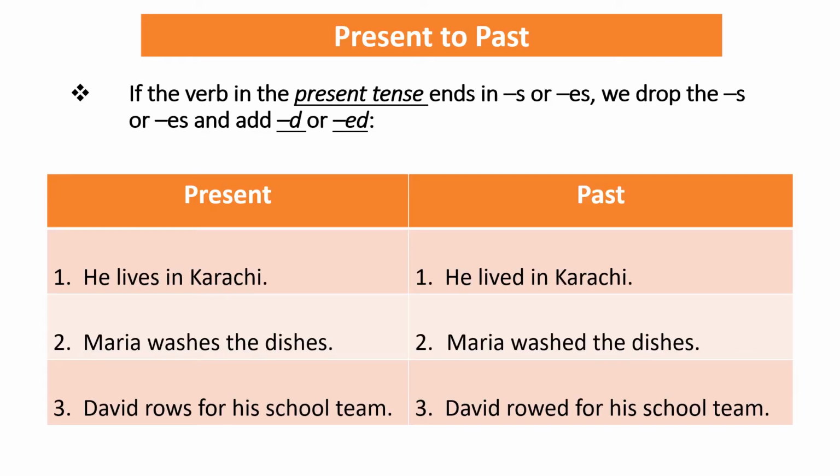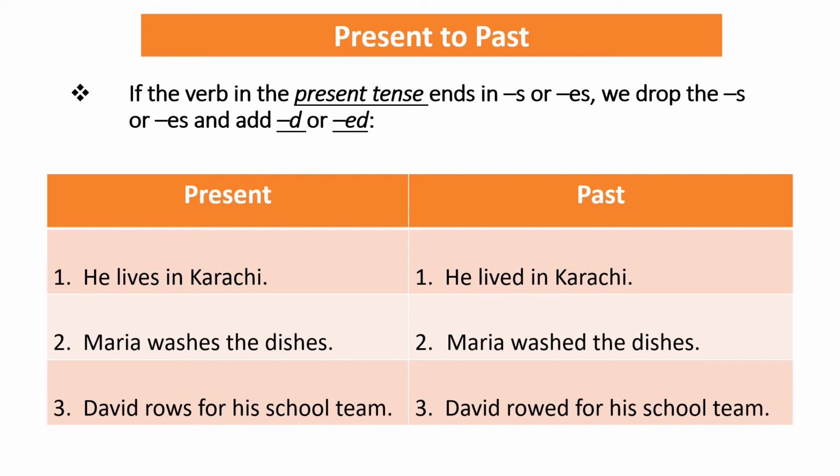Okay, now today's topic is present to past. We can change the tense of a verb from the present to the past in many ways. The following are some of the ways in which this can be done.